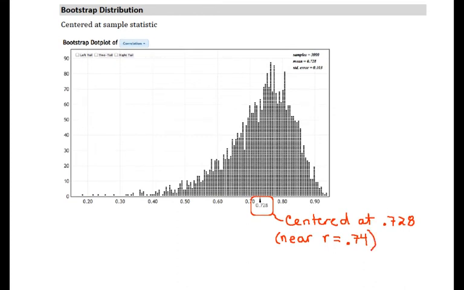We can also, while we're here, think about how each of these distributions would be used. A bootstrap distribution would be used to find a confidence interval. And it makes sense that the one we use to find a confidence interval is centered at the sample statistic, just like our confidence intervals tend to be closely centered at our sample statistic. So use this to find a confidence interval.